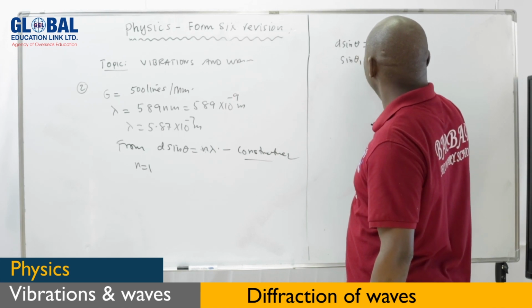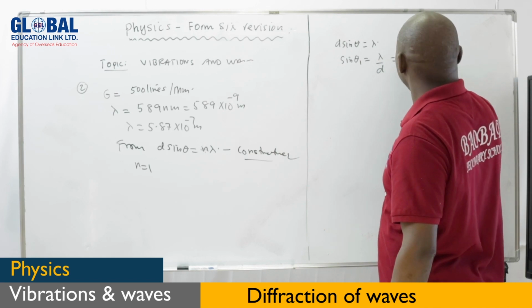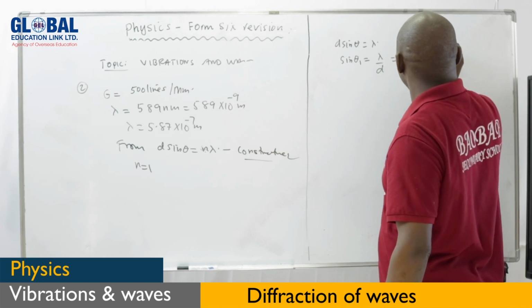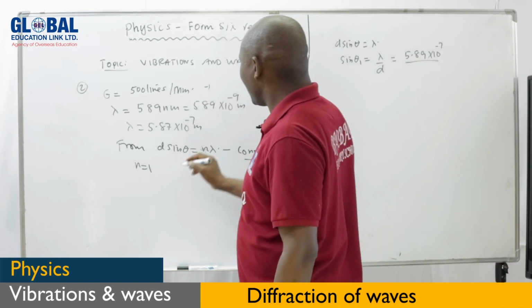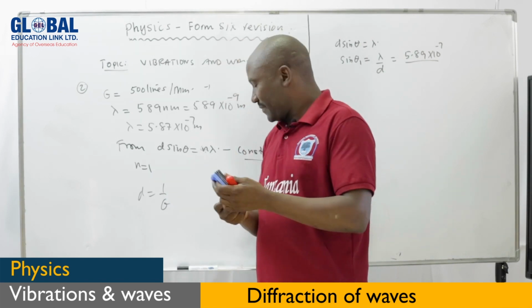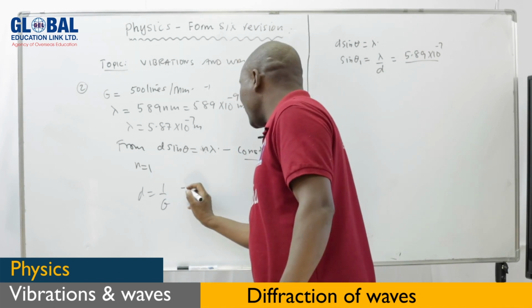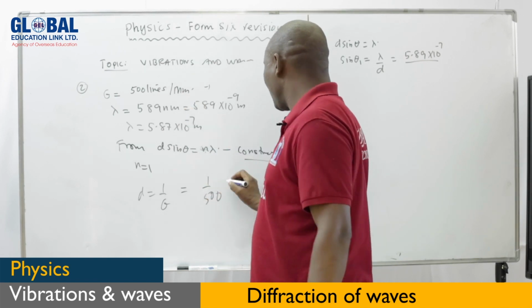Let's take sine of angle 1 equals lambda over d. Lambda is 5.9 times 10 negative 7 divided by d. We don't have d, so you can find d from here. We know that d is 1 over g. What is 1 over 500? This is in millimeter.